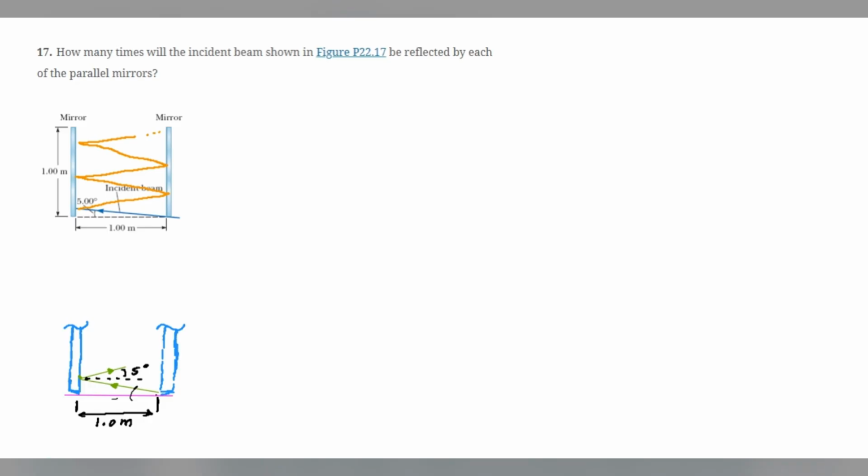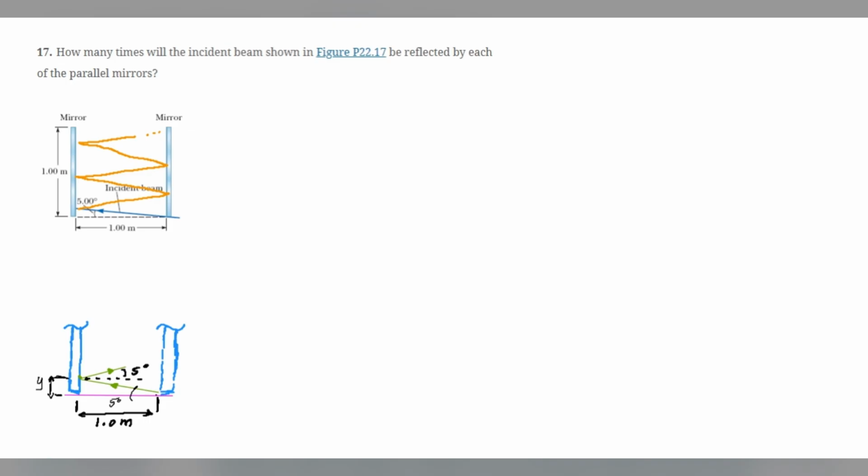And then I will call y the distance between the base of the mirrors and the first point of incidence of the incident ray. We'll call this y.